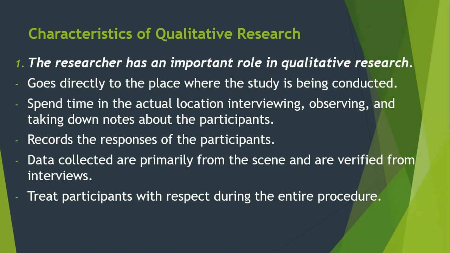But that does not mean that the result is solely influenced by the researcher, okay? That's why the researcher is interviewing and observing. He should gather data in order for him to prove his interpretations, okay?